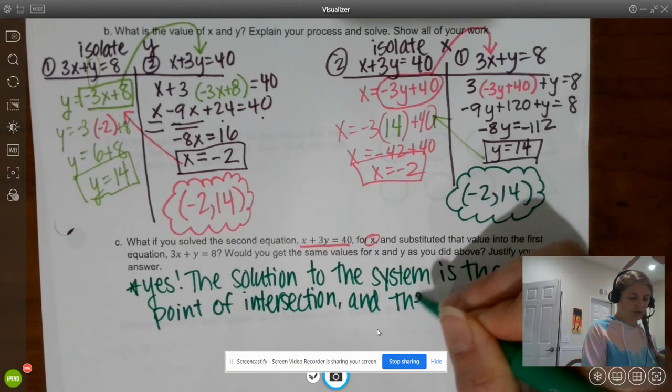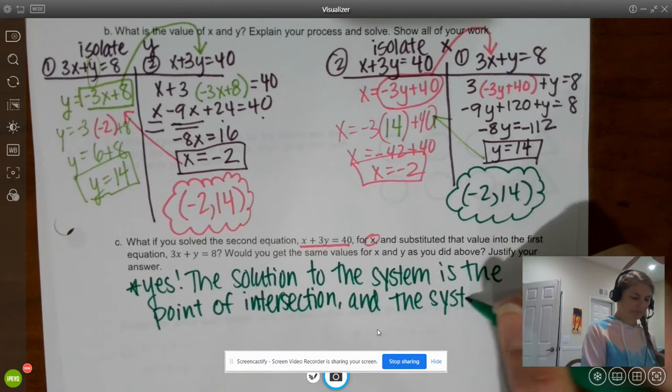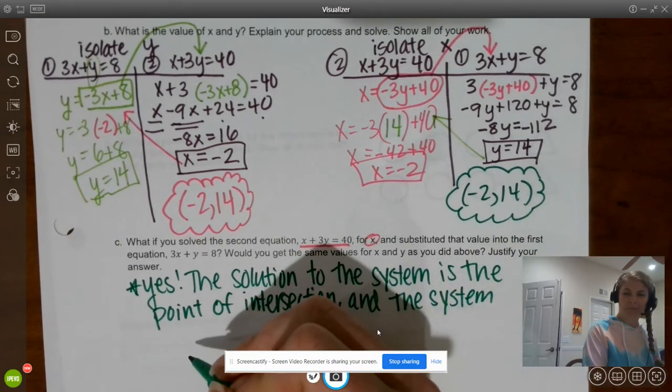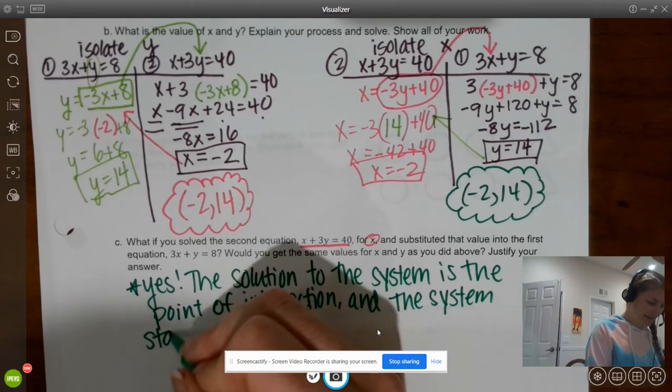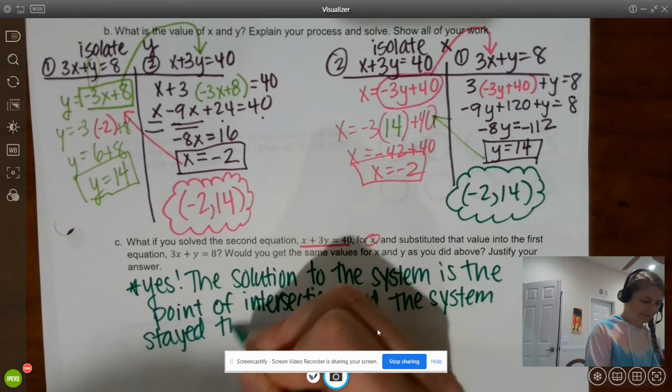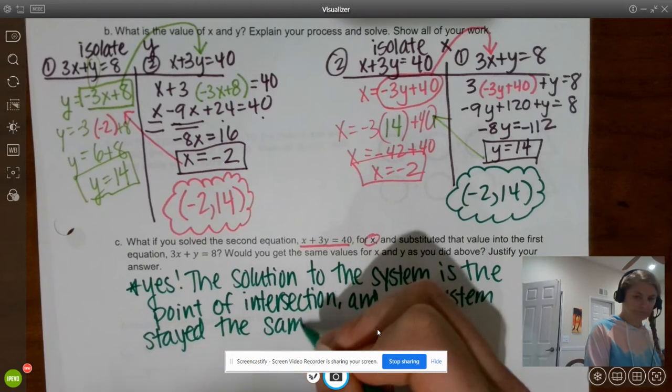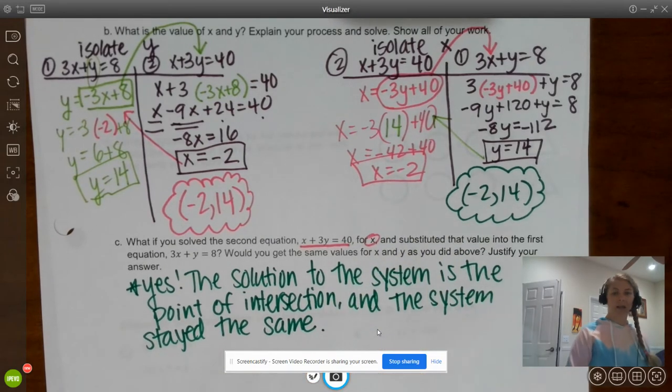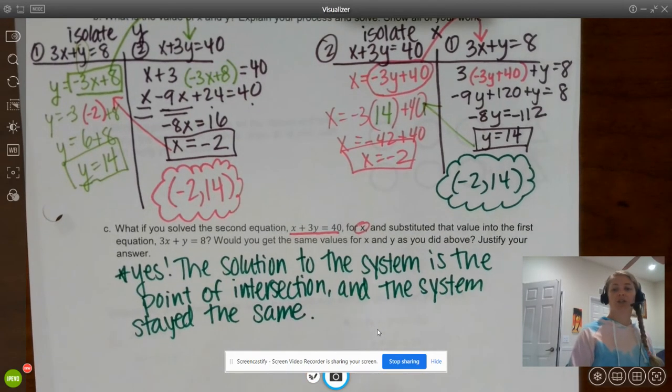And the system didn't change. The system stayed the same. Point of intersection doesn't change, solution doesn't change.